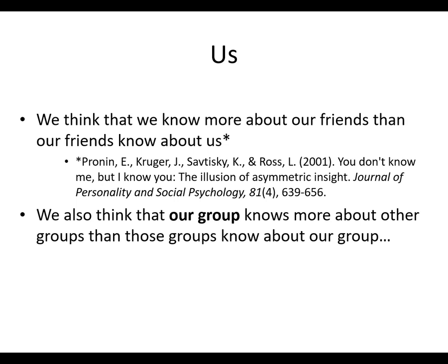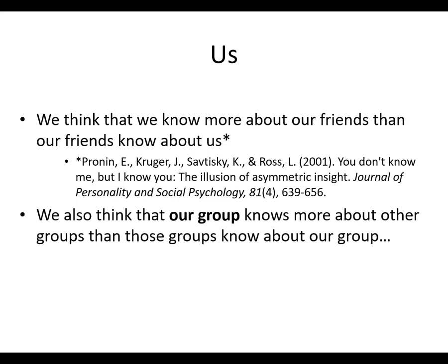And since we tend to see this bias wherever groups exist, wherever you identify as a group or with a group, the more groups we have, the more error we have in our assessments. So by virtue of you being separate from your friend, you have error, because both you and your friend think that you know more about each other than the other knows about you. But you and your friend constitute a group.